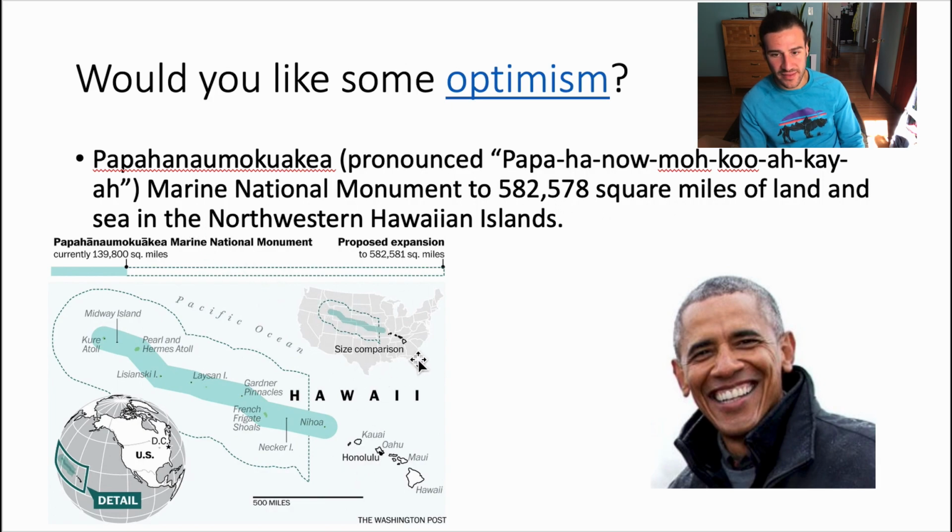On the actual scale of our country, look at how huge this area is, right? It is over 500,000 square miles where you cannot fish, where you have to have a license to even study, and you just can't mess up or manipulate these ecosystems. So that's really, really good.